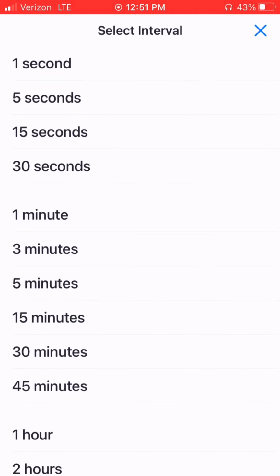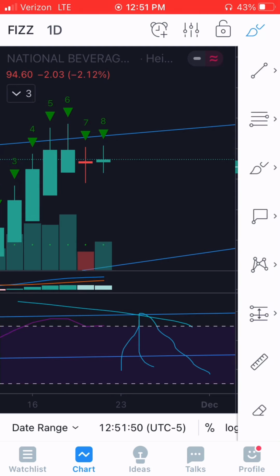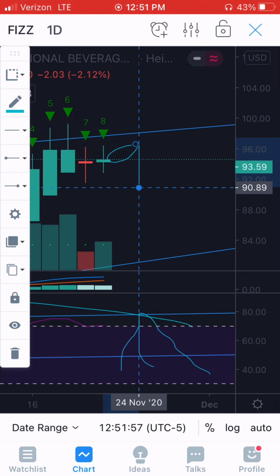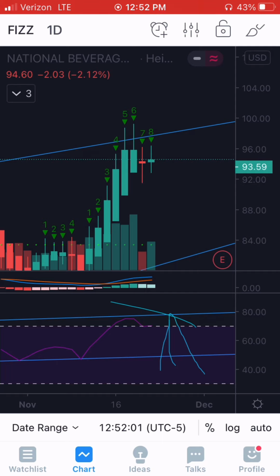We already got some correction due to that 9 flash on the 4 hourly. Our daily, we need that 9 flash next. That one's most likely going to be a red one, unfortunately, which would mean tomorrow, if we get a red 9 flash, that the following day, Tuesday, would be our correction day.